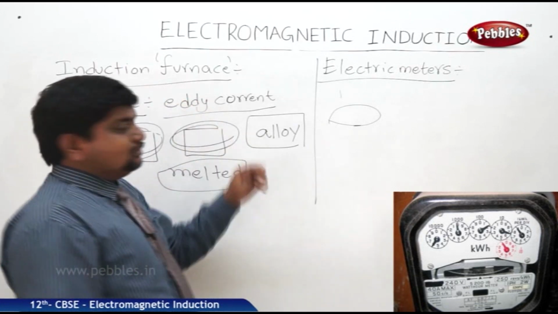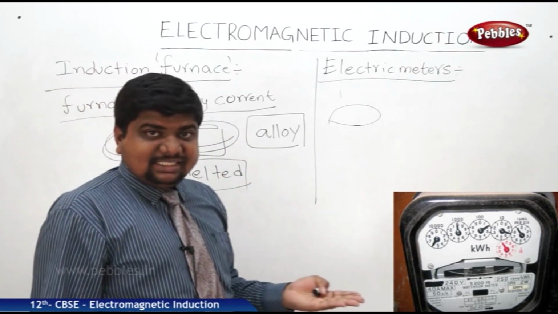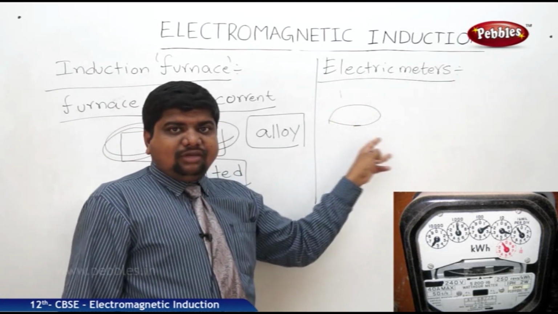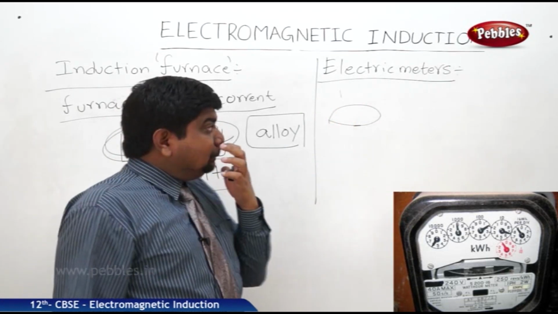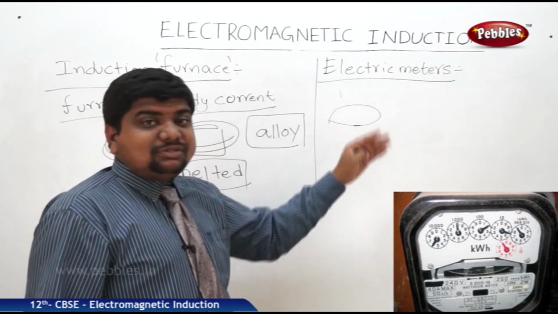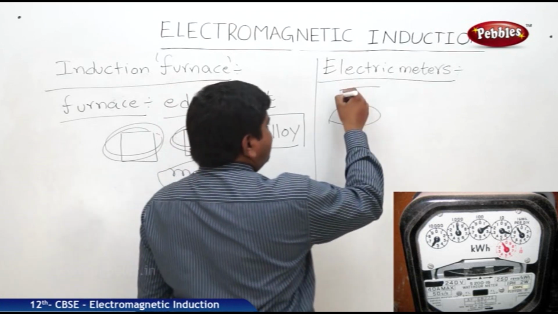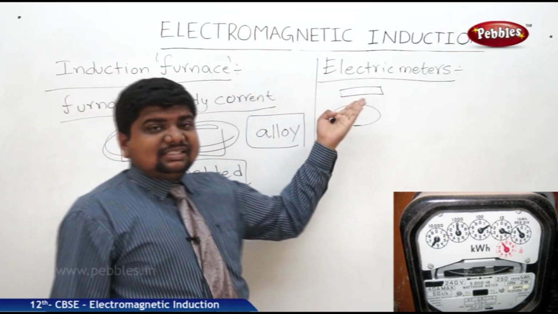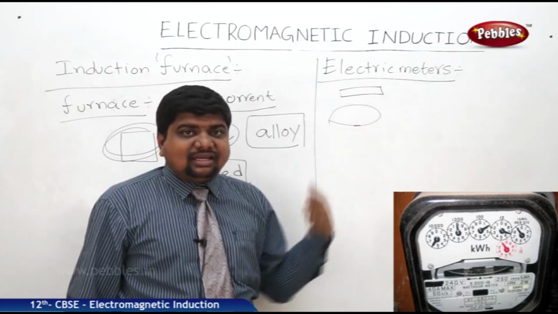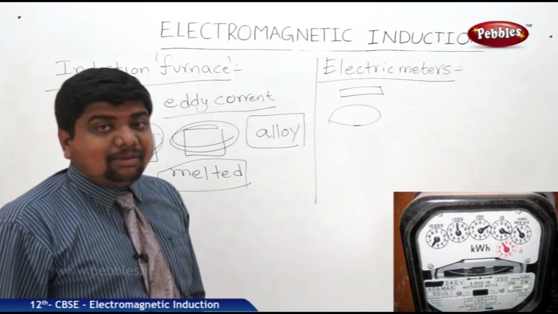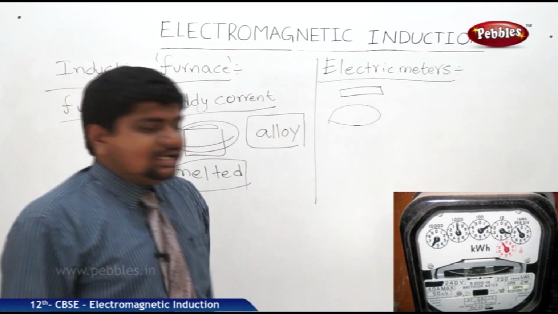So whenever you switch on any circuit or appliance, the heating effect turns the circular coil placed in the electric meter. With respect to the eddy current, this coil will rotate, and this rotation helps to change the numbers, and the examiner can find out the number of units consumed within a month or given period. So electric meters also run with the help of eddy currents.